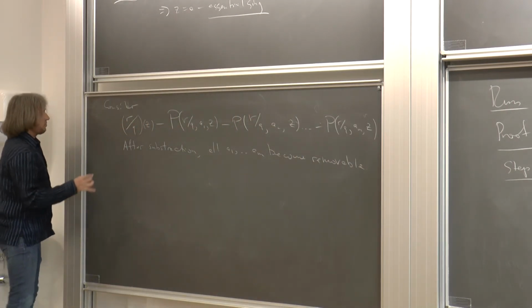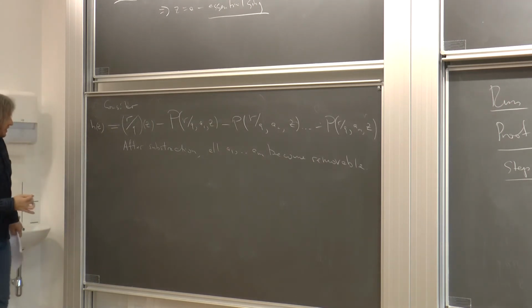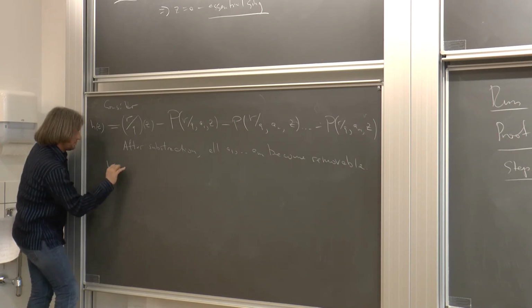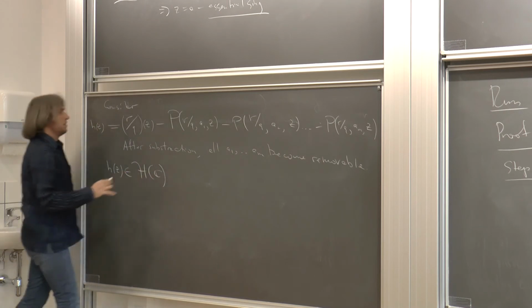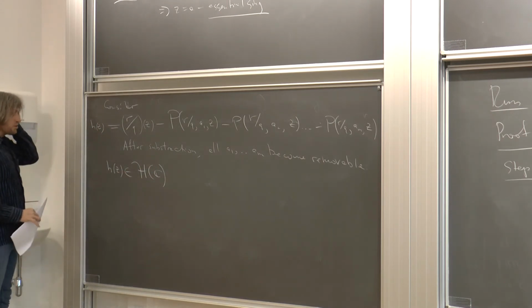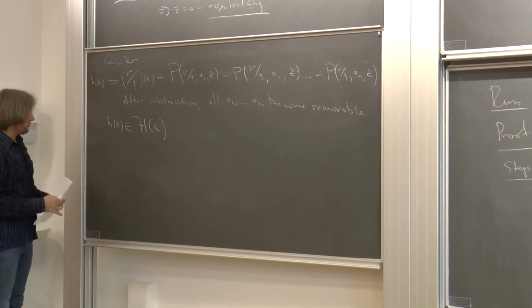So we get a new function, call it h of z. h of z is holomorphic on the whole plane, but also it is bounded.